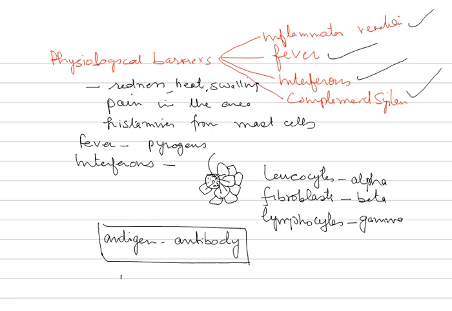It is seen in case of innate immunity, which we shall be studying very soon. Now the alternative pathway gets activated directly by the presence of bacterial endotoxins. Once the bacterial endotoxins are released, so after the attack, bacterial endotoxins are released.